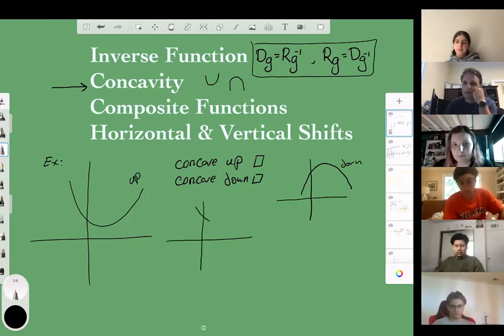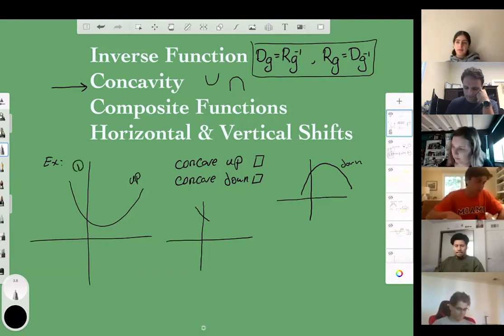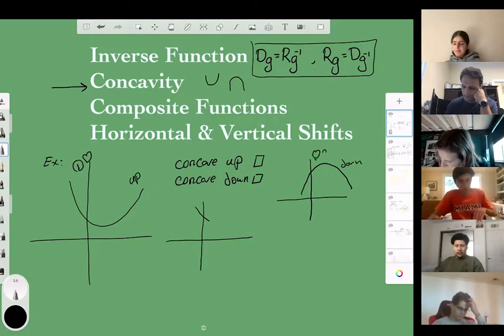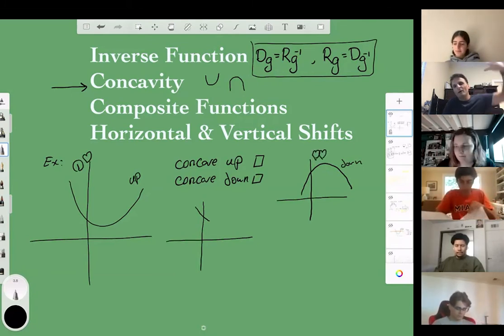Is this concave up or down? So example 1, I know you guys love it. Example 2, you will love it more. But I'm not going to ask you, I mean, you know it. Obviously, concave down, concave up.